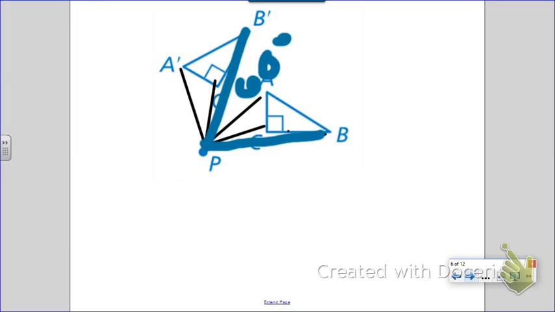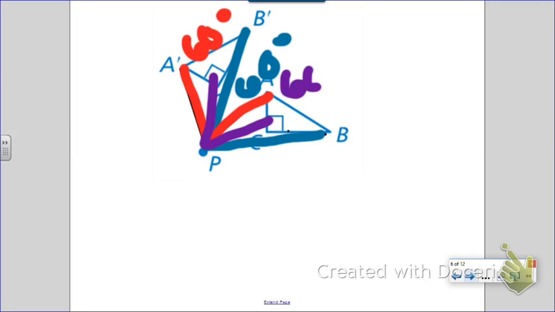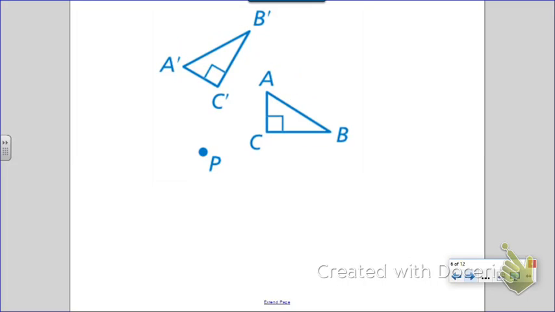Likewise, it's the same for the other angles. This angle is also 60 degrees. And the third angle is 60 degrees. So our new shape is connecting those points.